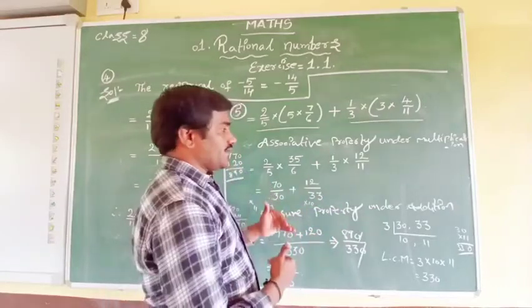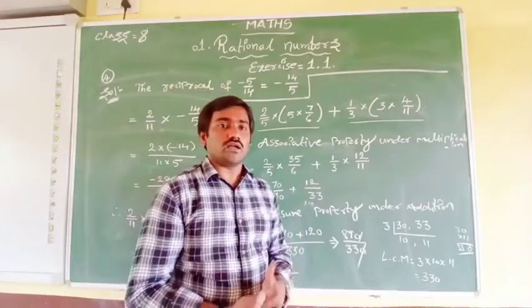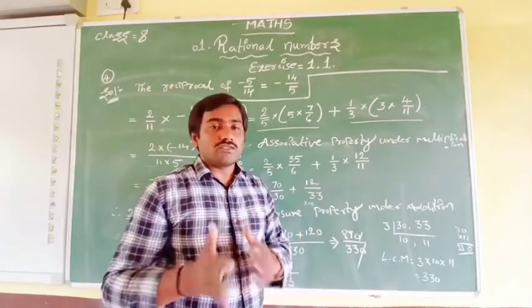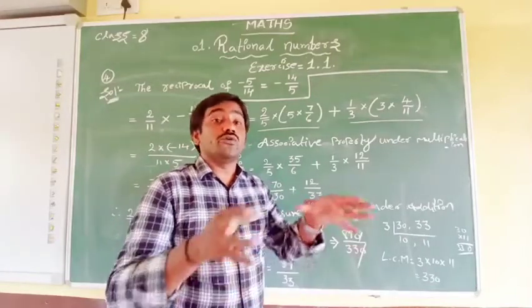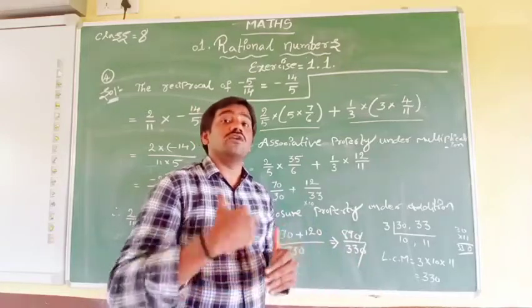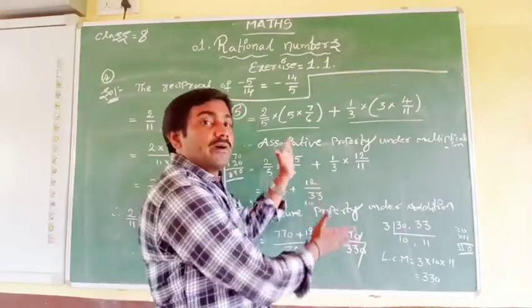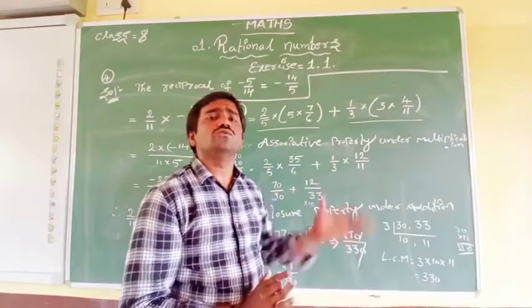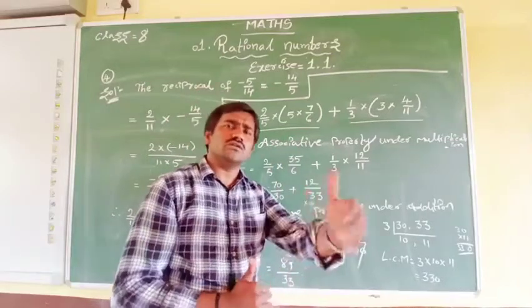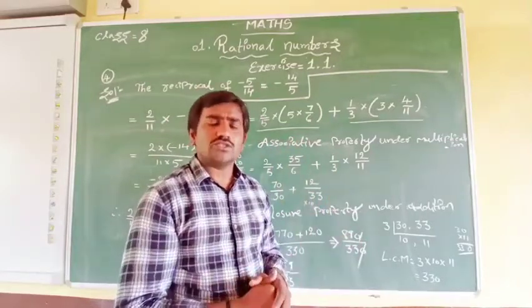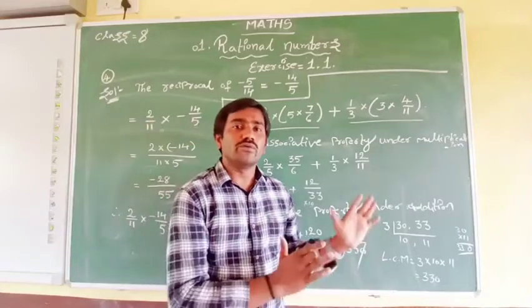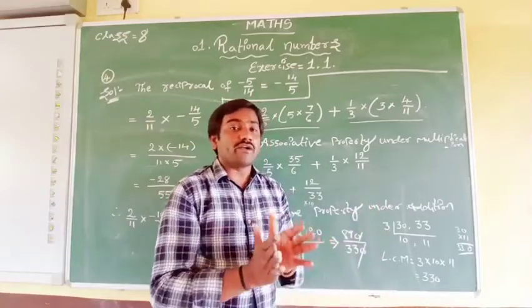I will think in this way, you people can go for another method also. The problem is which property you will use to simplify, to compute this. I'll use these properties. You can use different properties also. There is nothing wrong in doing this, but the valid property we need to write.